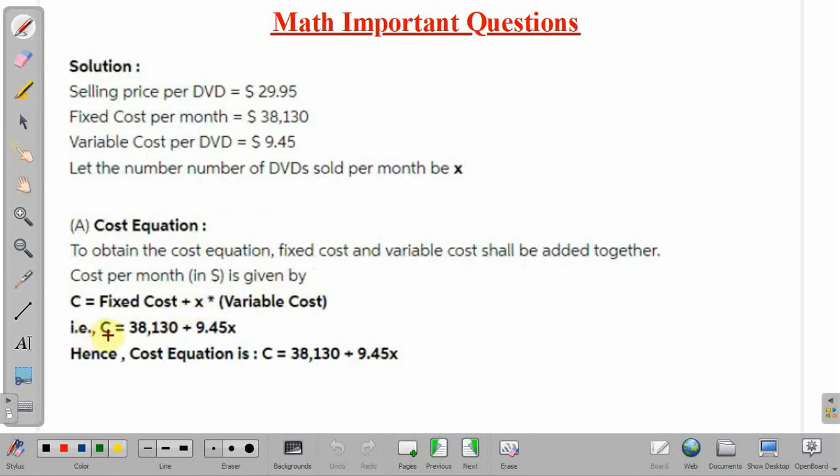So C equals 38,130 plus 9.45X. Hence the cost equation is C equal to 38,130 plus 9.45X.